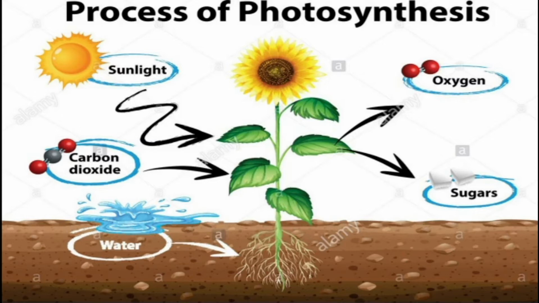The chemical reaction takes place here, and finally the result is given. What is the result? The plant prepares its own food like sugar molecules and releases oxygen. So this is a chemical process. Finally the food is prepared as a sugar molecule and oxygen is sent out.